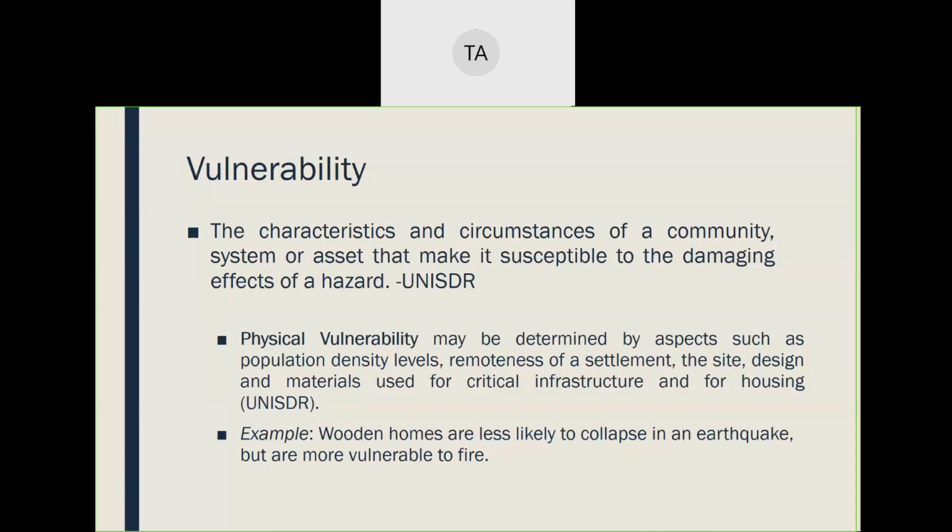So you see, even if the water level is the same, 1.5 meters, by virtue of these two houses being built out of different construction materials, they are likely to sustain different degrees of damage. And that degree of damage, in terms of disaster management, is known as vulnerability.